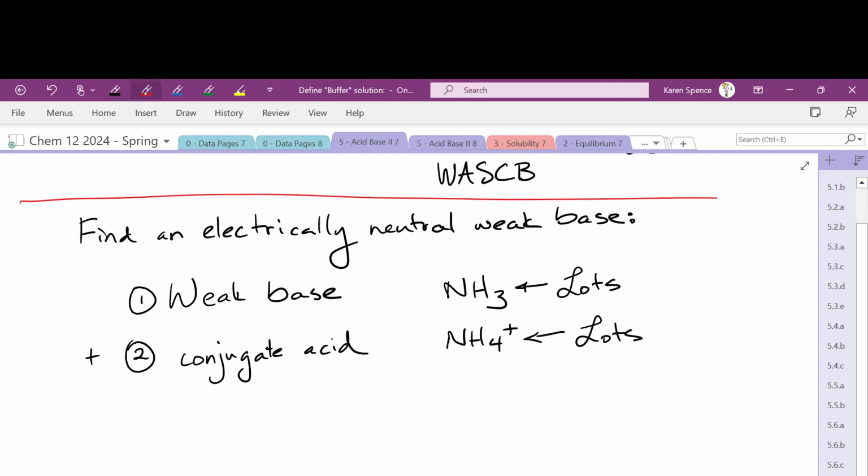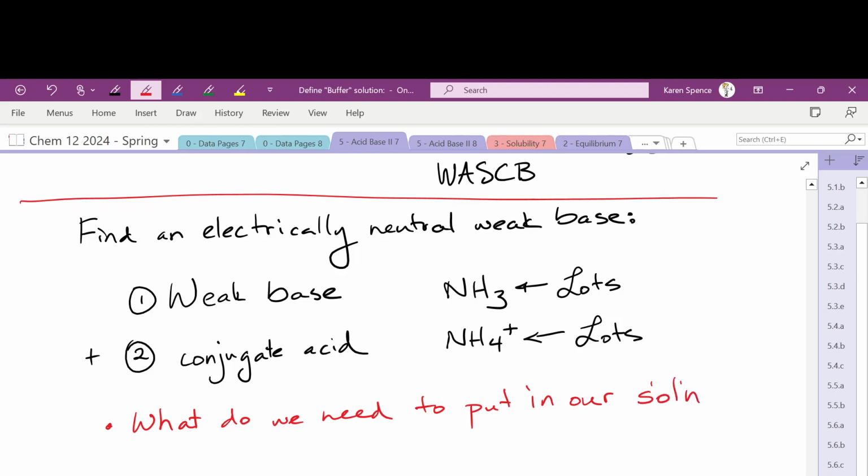What do we need to put in our solution to get lots of the NH3 and lots of the NH4 plus?